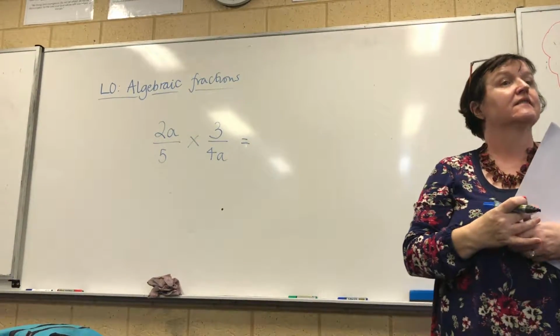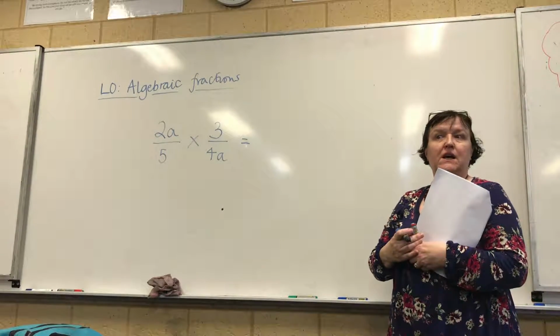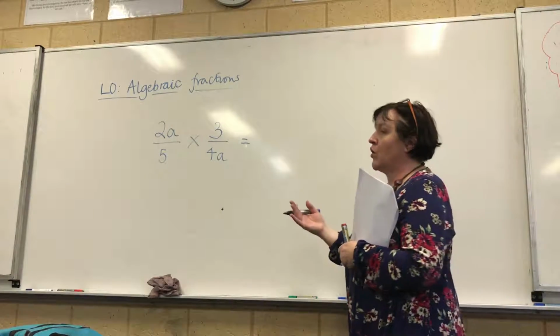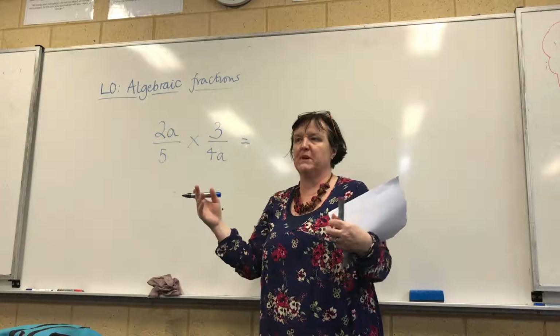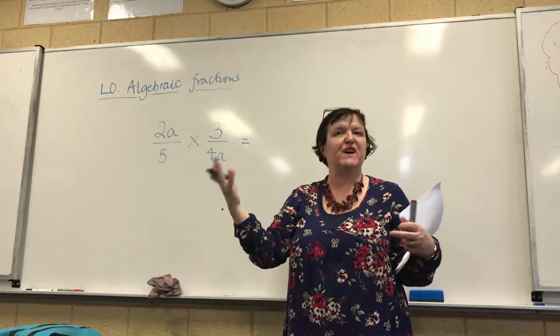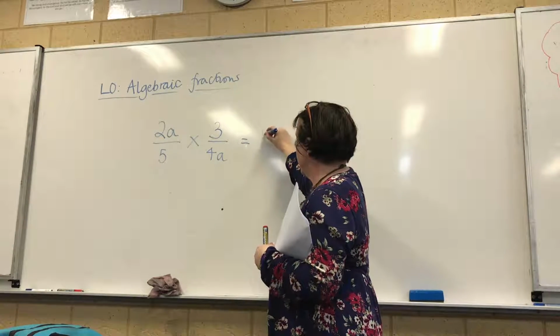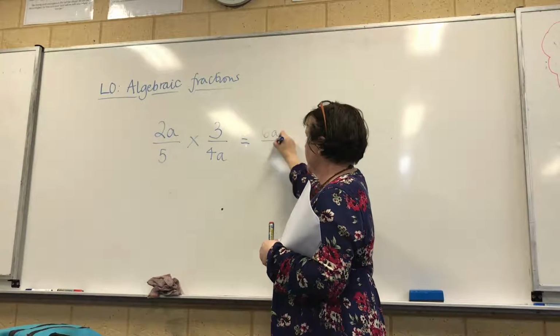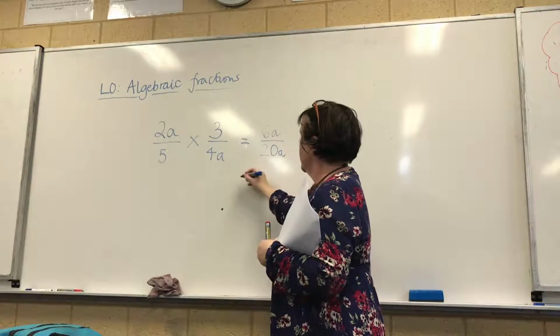You just multiply the numerator. Yeah, so you multiply the numerators and then multiply the denominators. Or, like Cody said yesterday, you can cross-cancel first if they're really big numbers. But with something like this, I would probably do it first and then simplify. So 2a times 3 is 6a. Over 20a, that's right, over 20a.